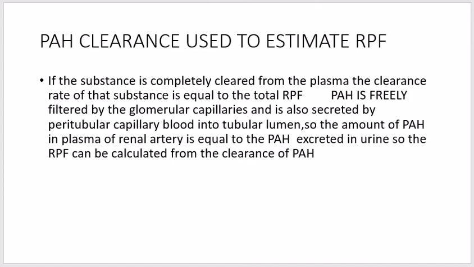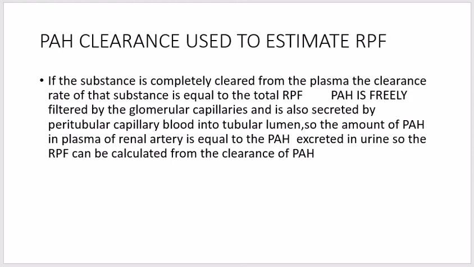In diseased kidney, the extraction ratio may be reduced because of inability of damaged tubules to secrete PAH into the tubular fluid. The calculation of the renal plasma flow can be demonstrated by the following example: the plasma concentration of the PAH is 0.01 milligram, the urine concentration is 5.8 milligram and the urine flow rate is 1 ml.